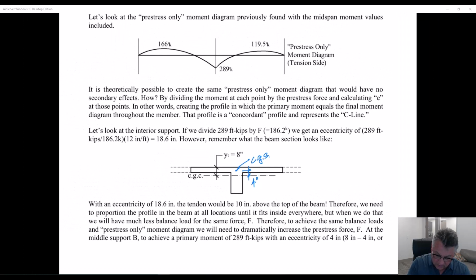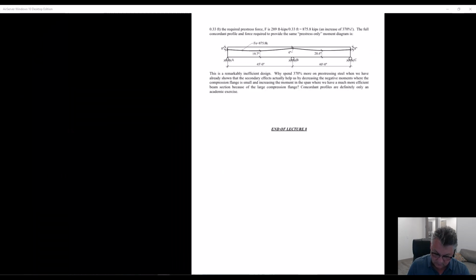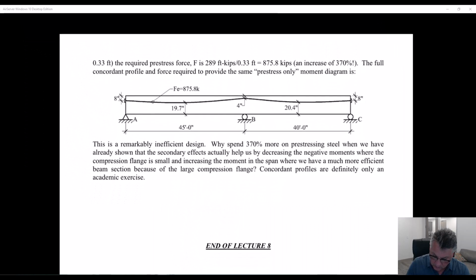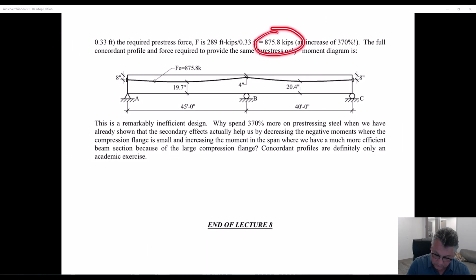So if I take that moment, divide by the maximum eccentricity that I can have, what do I get? Well, I get a new force. To stay within the beam and keep the tendons from having to be built a foot up in the air above the beam, I actually need to change this force.